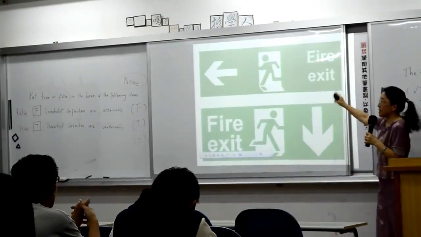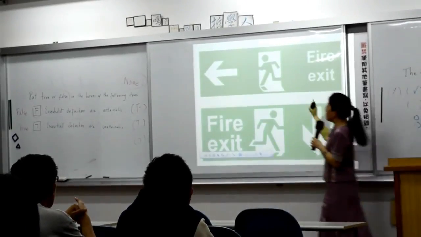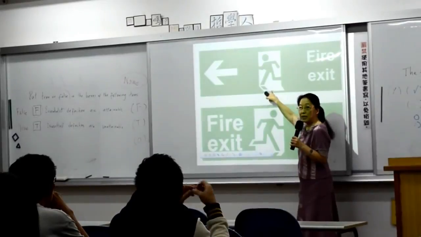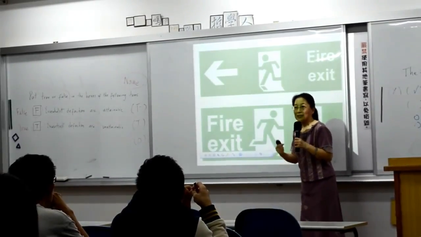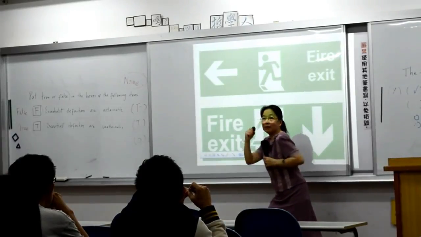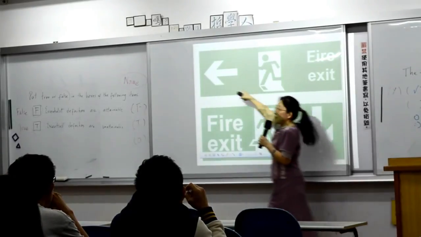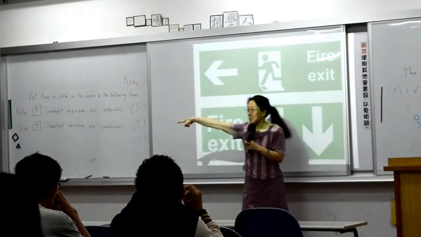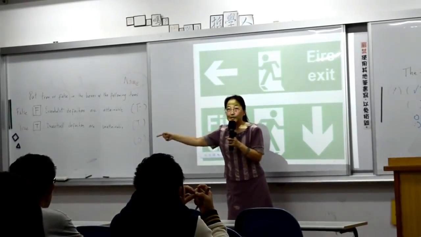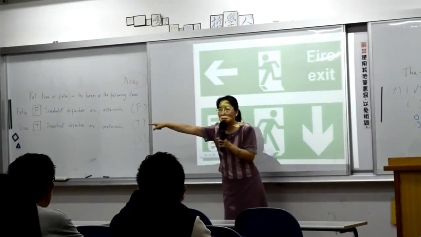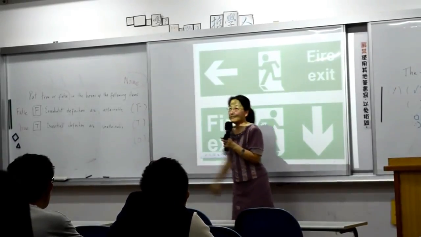If you look at these signs, if you see this sign, it's more iconic, right? You see someone who's running. Iconic. And this sign is more indexical, right? It points to a certain direction. Go, run that way.